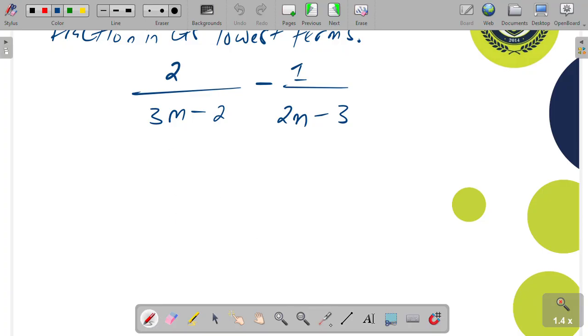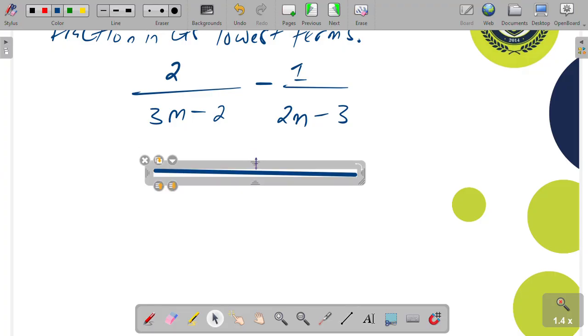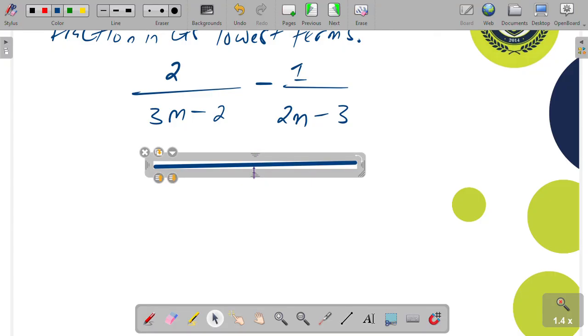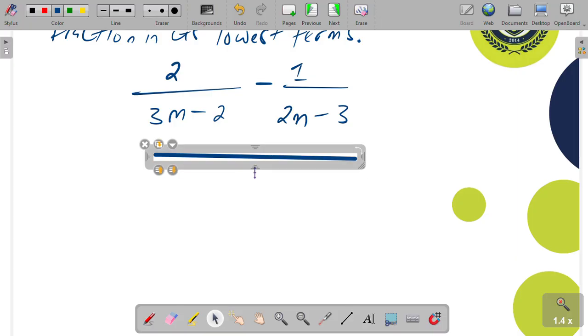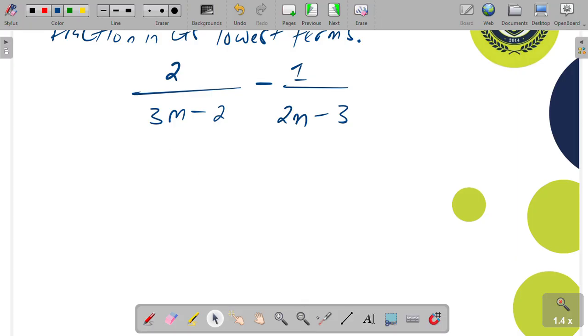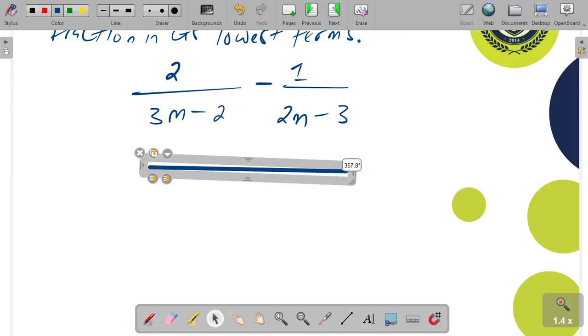So the first thing we're going to do is draw a line here. Let me reduce it a bit. It's not really straight, so we're going to draw a straight line that we're going to use.